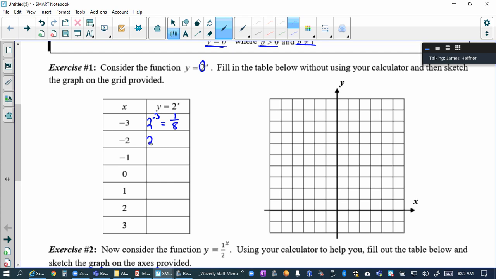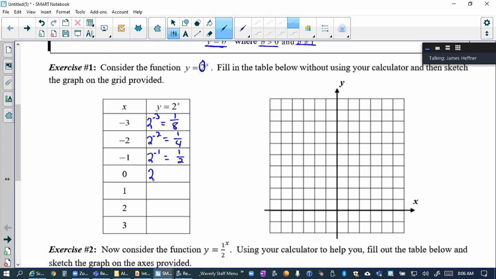That would be 2 to the -2, which is really 1/4. 2 to the -1 would be 1/2, right? Are my numbers getting bigger or smaller as we go? Bigger. 1/8 is the smallest of those, 1/4 is bigger, half's bigger than a fourth, okay.